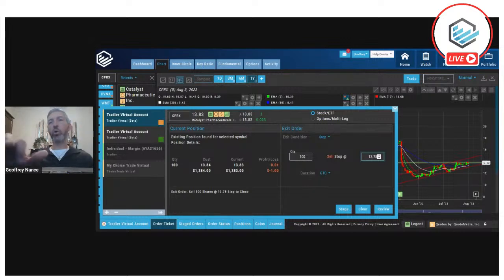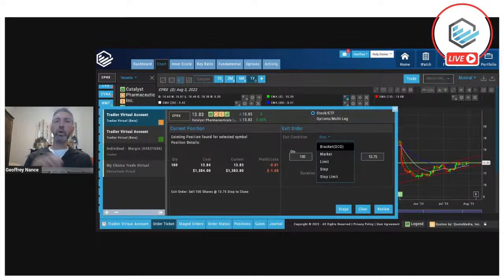There is one more order type here. You'll notice here in the Tradier virtual account, if you were over in the MyChoiceTrade virtual or something else, you had a TD Ameritrade and they had their own paper trading account, you may or may not have this OCO order. OCO means one cancels the other. It enables you to enter a trade, and we actually did this on Friday when I was in Jacksonville.